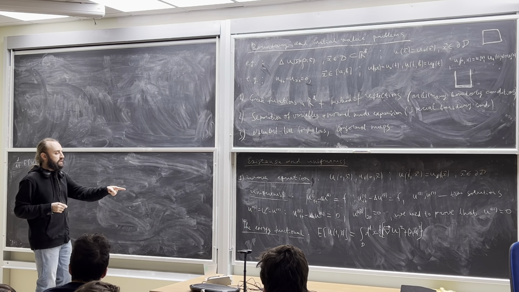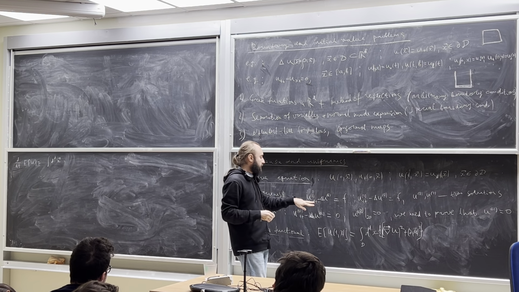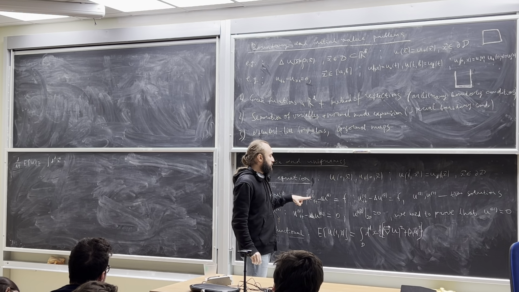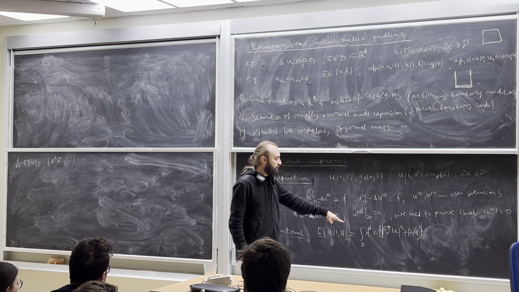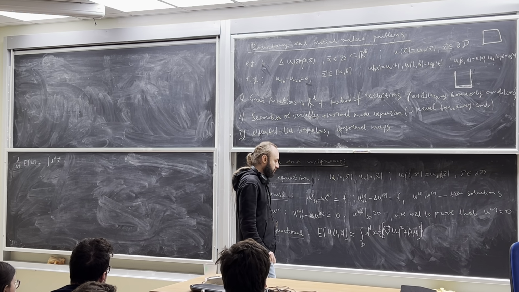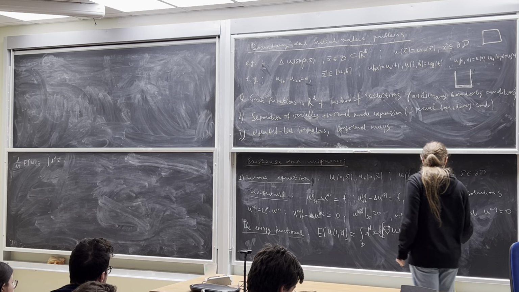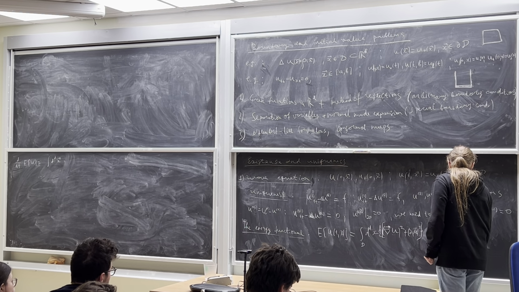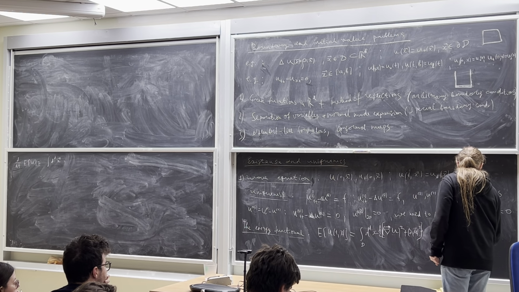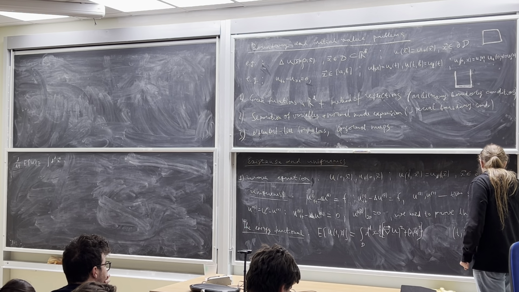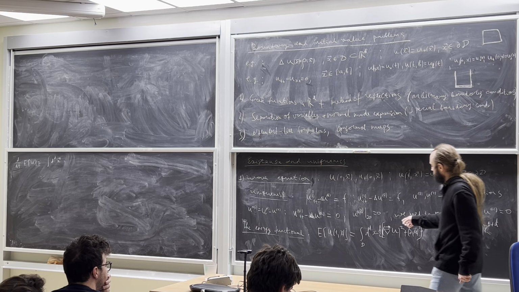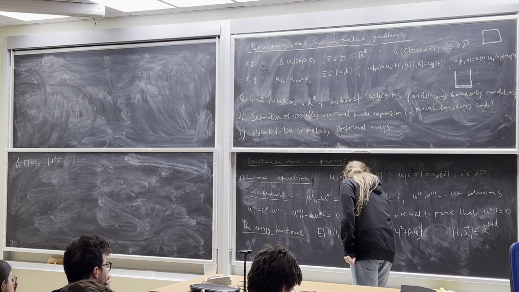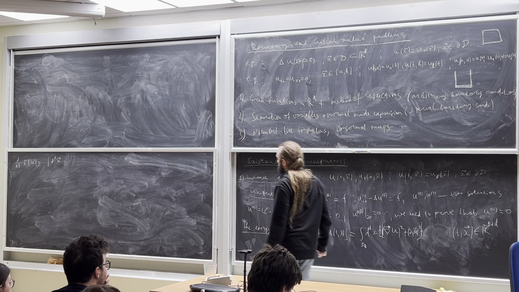And by the way, we work in the d plus one dimensional space. It is an integral only over the space variables. So (t, x) is a point of R^(1+d). So it's the integral over some slice at time t.